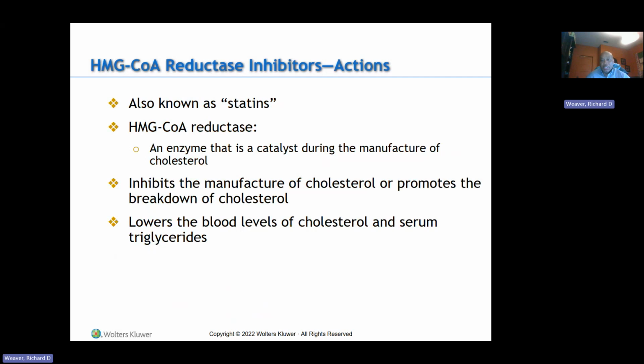Now, the HMG CoA reductase inhibitors, we actually refer to these as statins. And these are what is referred to as the first line drug of choice to lower lipid levels. These are the first drugs that providers are going to prescribe for patients.